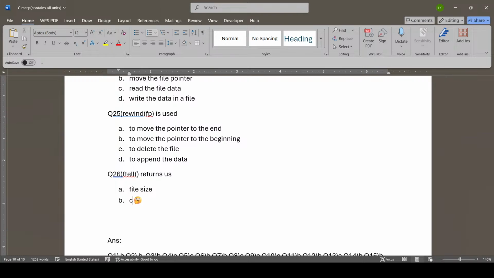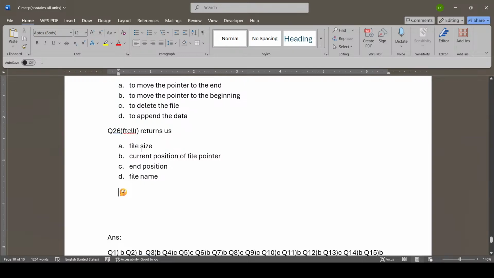Next is here current position of file pointer. Next is here end position. Next is your file name. Okay, tell me the answer. 26. F12 returns us what? File size, current position of the file pointer, end position of the file name.